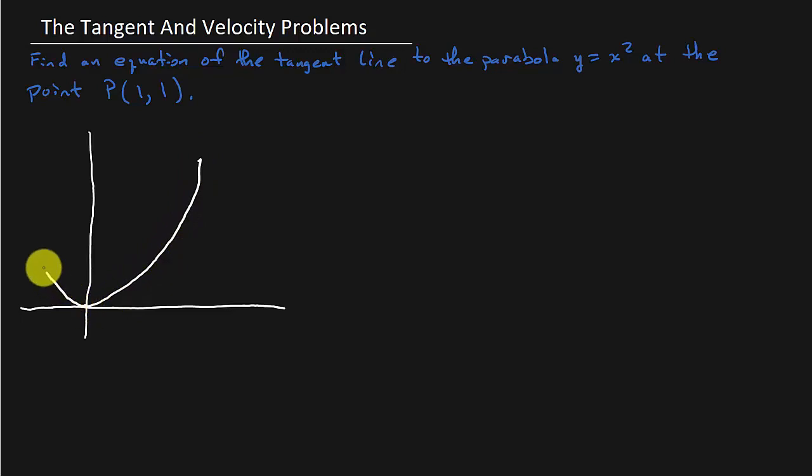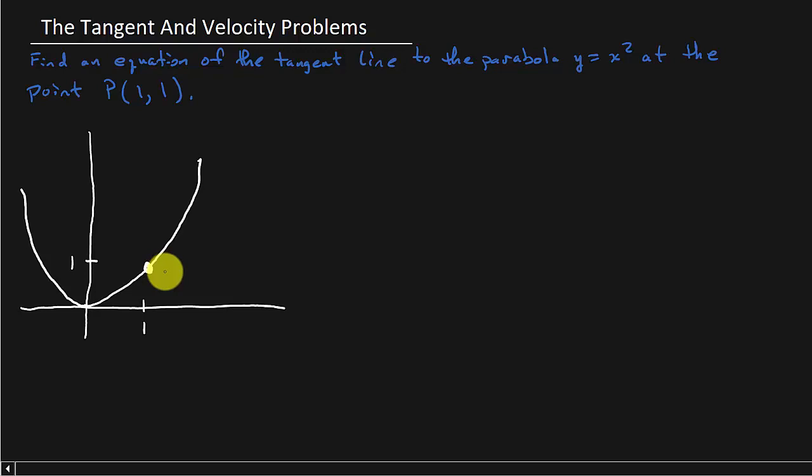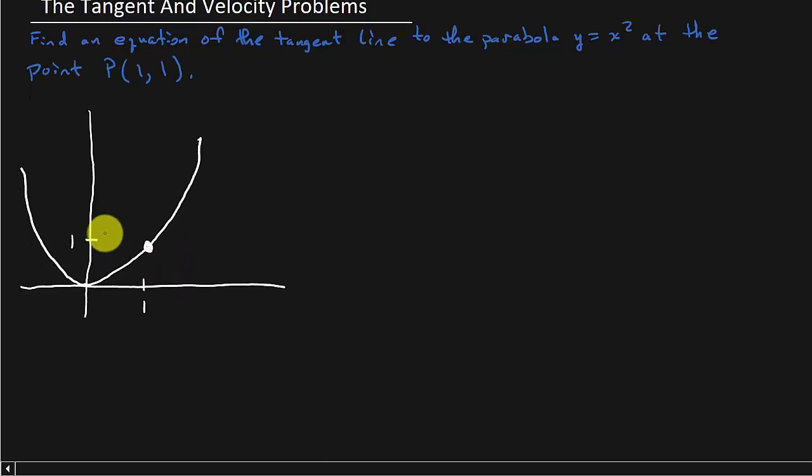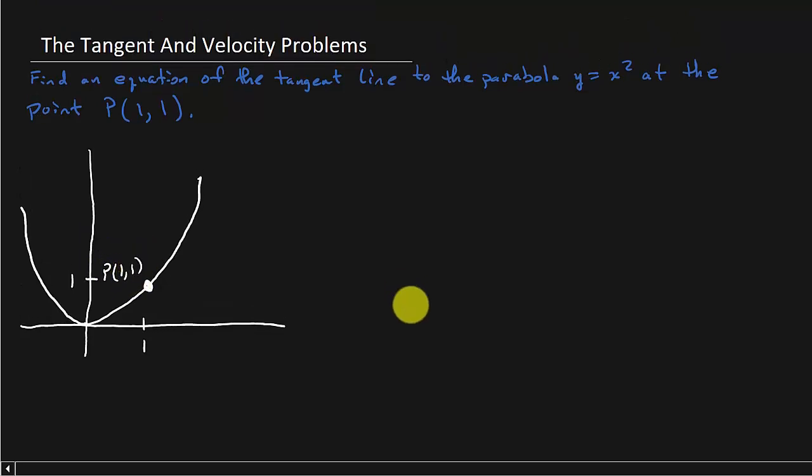And of course it'll come back this way too, but we're not really worried about this side because the point we're looking for is right here at 1, 1. Okay, this is where x is 1 and y is 1. And let's just call this point P. Let's see, P is 1, 1.